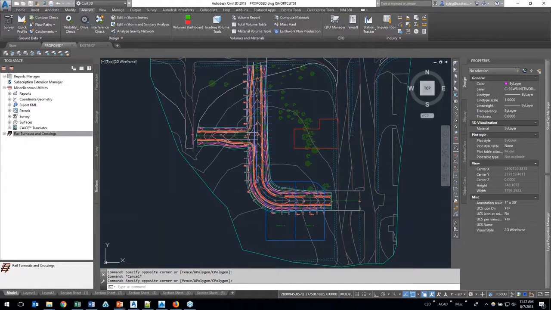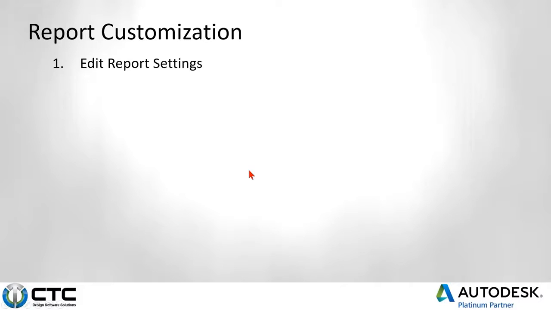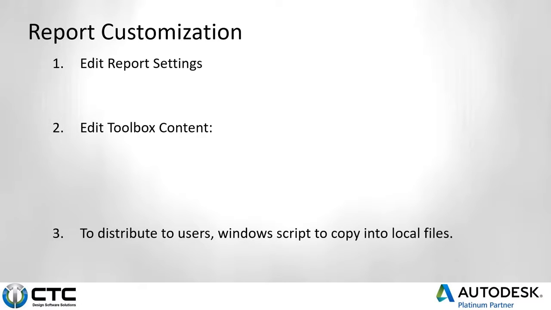With our report customization, we're going to talk about three main things. We're going to talk about editing our report settings. We're going to talk about editing the toolbox content, so what's actually showing up when we open Civil 3D. And I'm not going to show you all of the steps, but just some tips for distributing to our users.